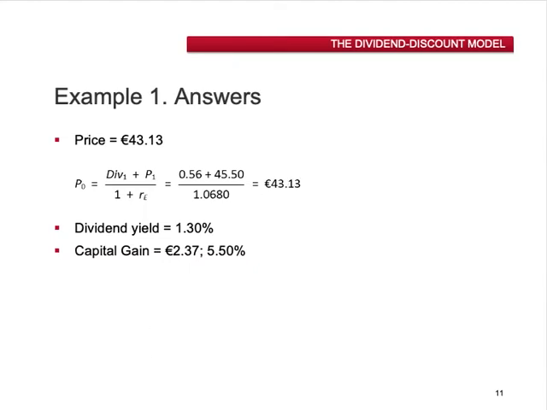Therefore, at the price of 43 euros and 13 cents, biotech's total expected return is 1.3% plus 5.5% makes 6.8% in total, which is equal to its equity cost of capital of 6.8%.